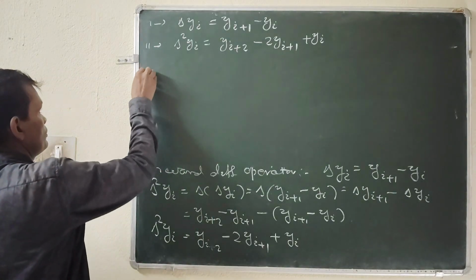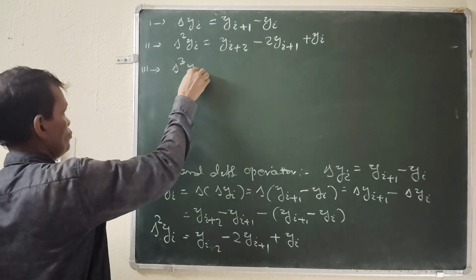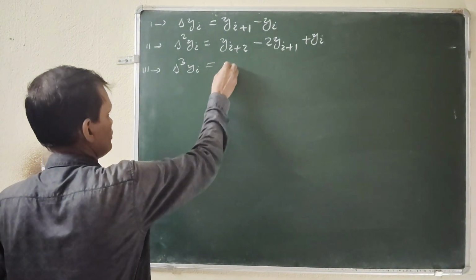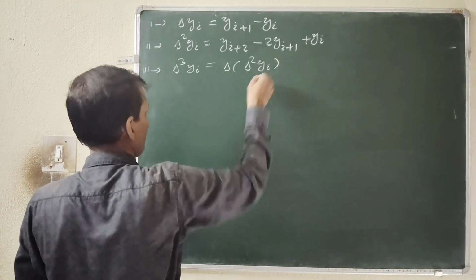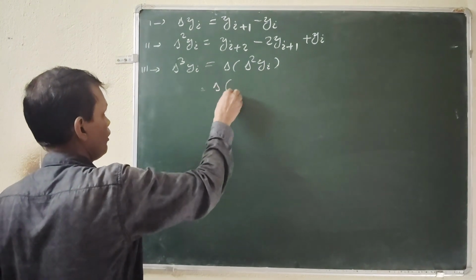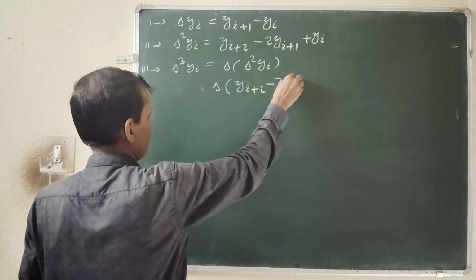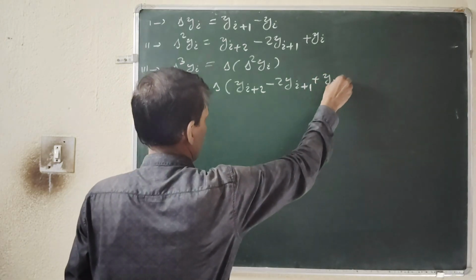Then let us find out delta cube yi. Delta cube yi equals delta of delta square yi. Already we have found delta square yi, so that is delta of yi plus 2 minus 2yi plus 1 plus yi.